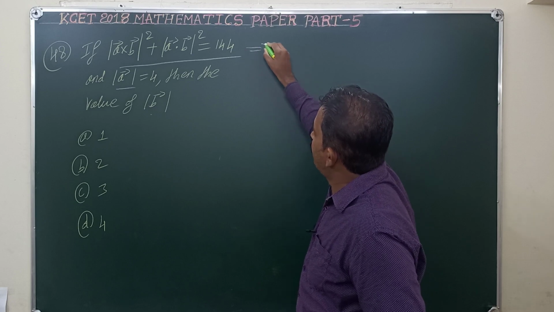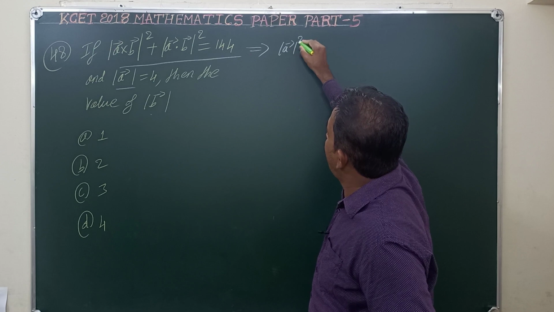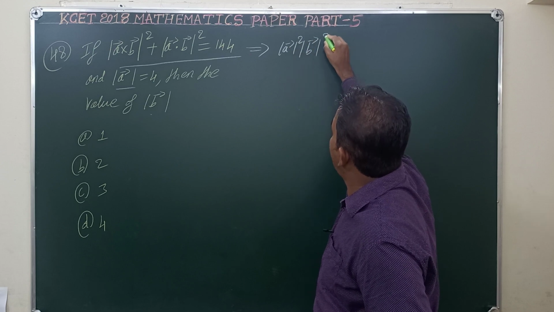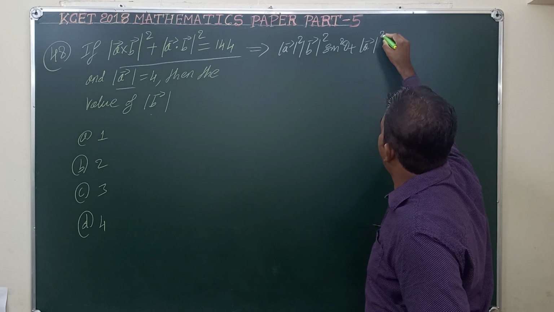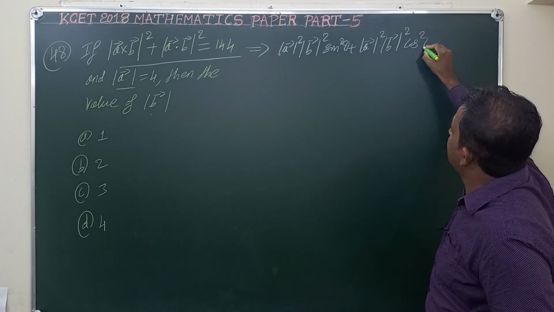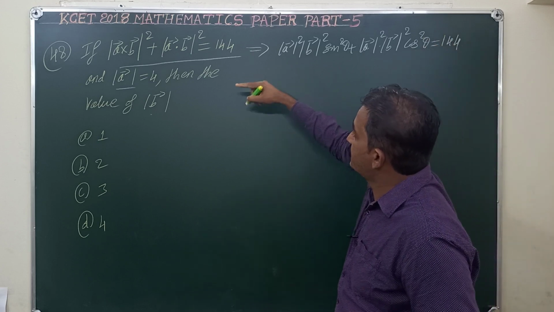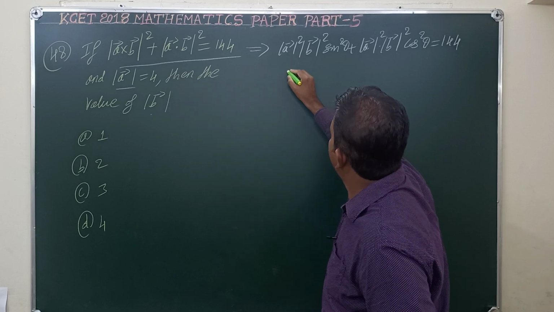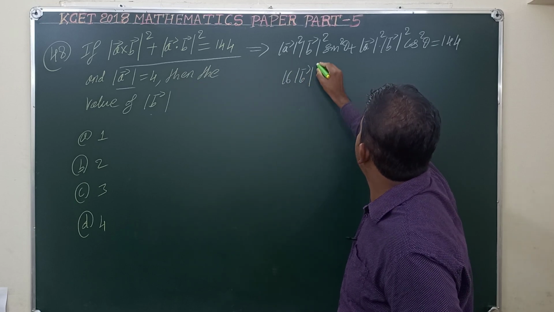So this can be written using the formula magnitude of a cross b squared: magnitude of a square into magnitude of b square into sine square theta plus magnitude of a square into magnitude of b square into cos square theta is equal to 144. So in this case a is given 4 square, 16, and b we have to find out, magnitude of b square.